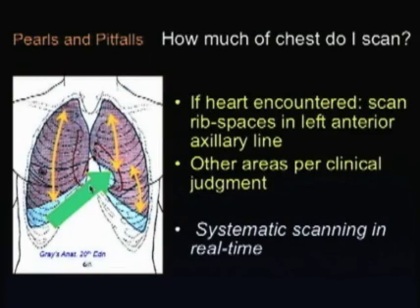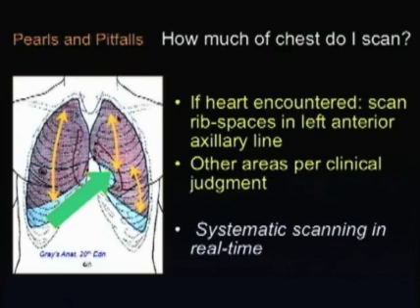Where are we going to scan? We're actually going to place the probe, as we've mentioned, in a longitudinal plane, and we're going to scan every rib space that we can find, starting immediately below the clavicle and going all the way down until we run into the diaphragm.